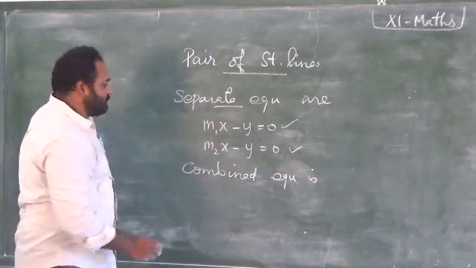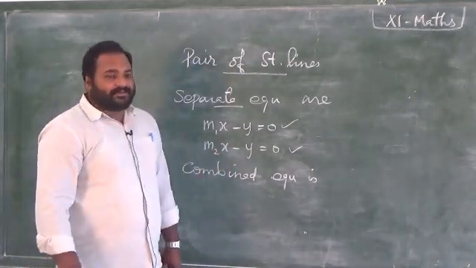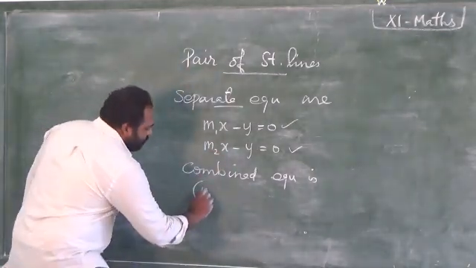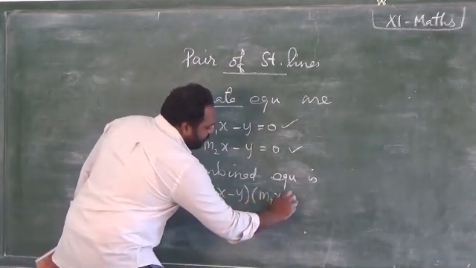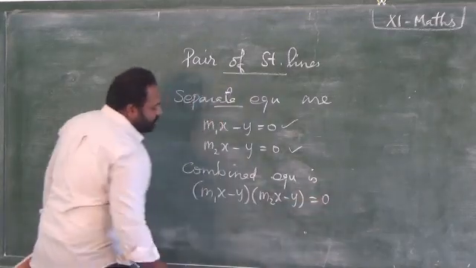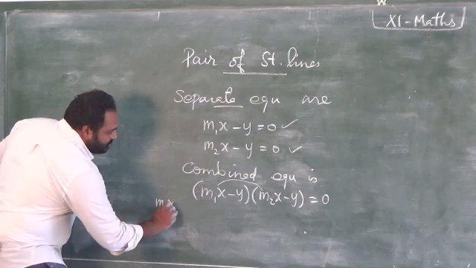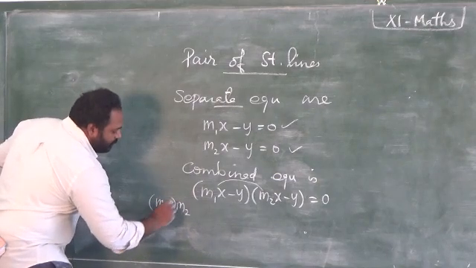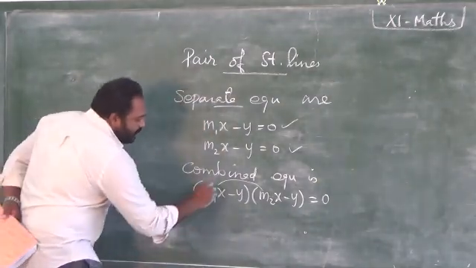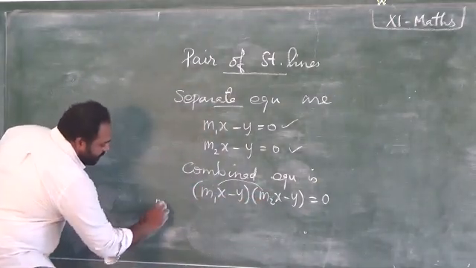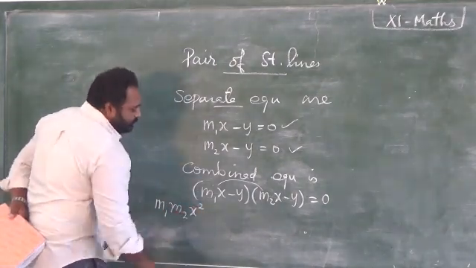This is the general form of the pair of straight line equation. If you multiply these two equations, we will get the pair of straight line equation. So, m1x minus y into m2x minus y equal to 0. Multiplying: m1x into m2x gives m1 m2 x square.